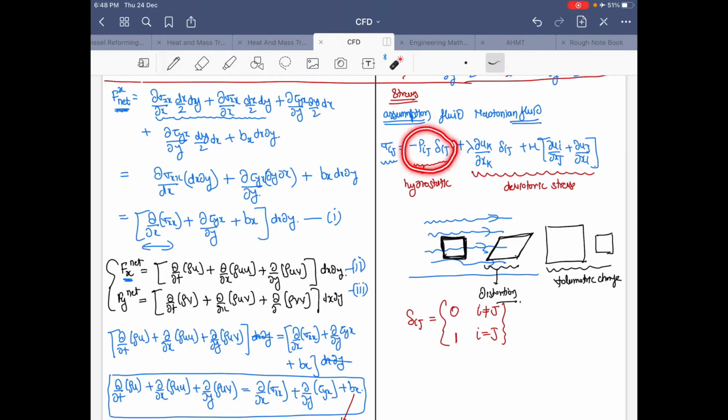And this part of the component is known as the hydrostatic stress component. Whenever your fluid is flowing, it does not mean you don't have a hydrostatic component of force.